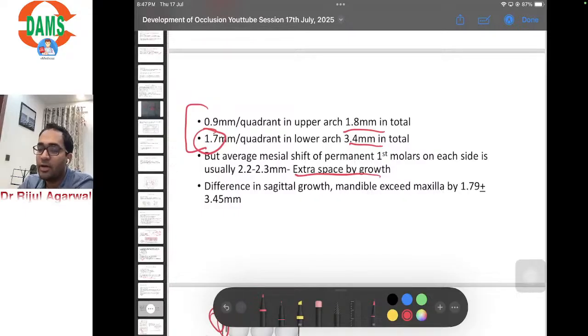Remember the cephalocaudal gradient of growth. The mandible grows late, so the mandible will go forward and take its teeth along with it. In the difference in sagittal growth, the mandible exceeds the maxilla by 1.79 plus minus 3.45 mm.